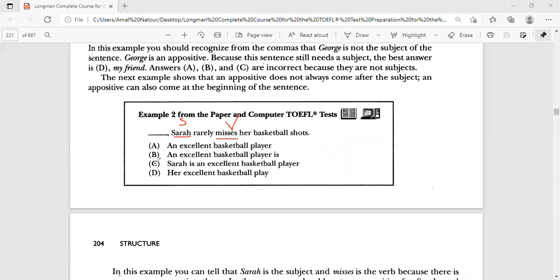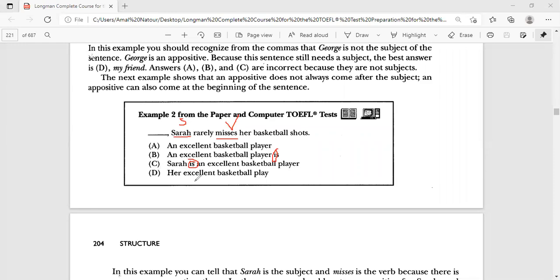B and C are not correct because they each contain a verb, and the appositive does not have a verb.